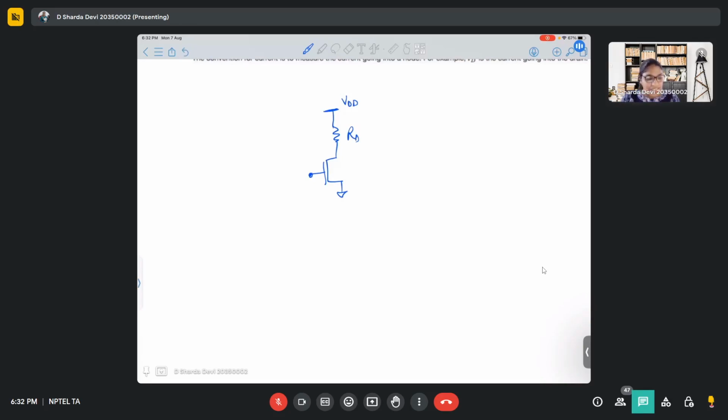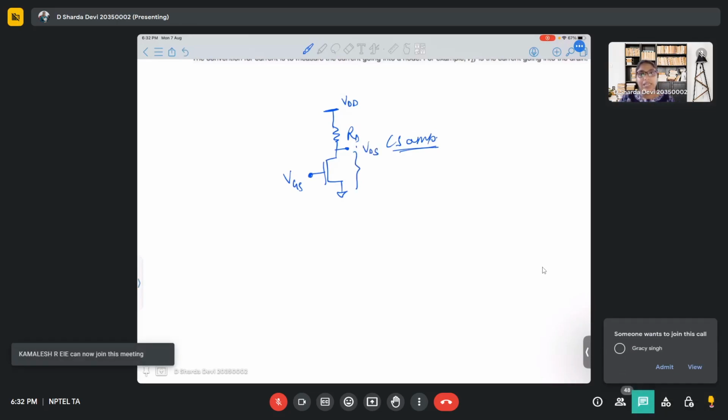So this is the basic CS amplifier. Now in this basic CS amplifier, I provide some VGS, and I get some output across VDS.